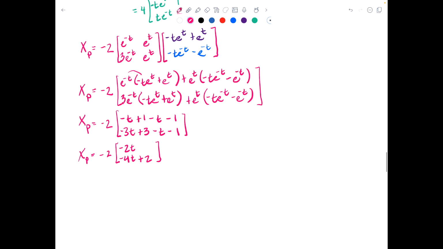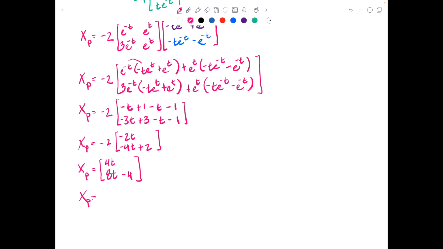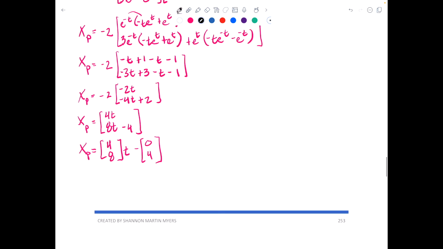I'm going to bring the 2 in, so we'll have xp is going to be 4t and 8t minus 4. And then one way we can write this is xp equals 4 and 8 times t, and then minus 0 and 4. Groovy?